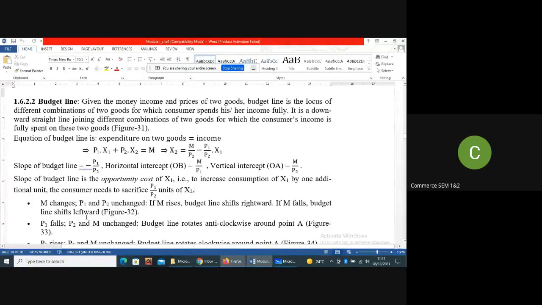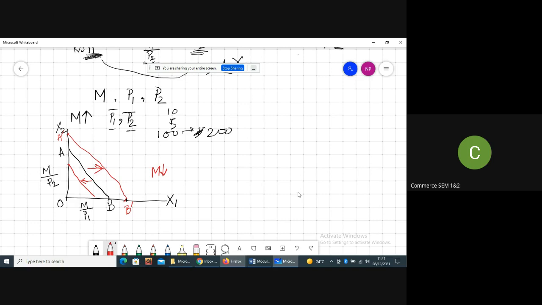Next, say P1 changes, the price of commodity 1 increases, P2 remains unchanged, and your money income also remains the same. Then what will happen to your budget line?